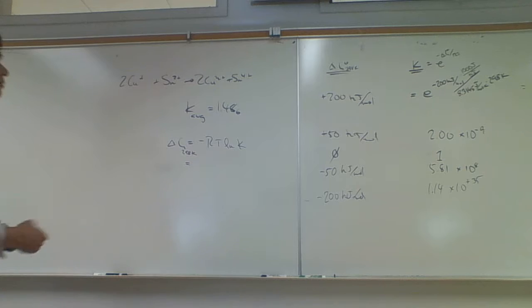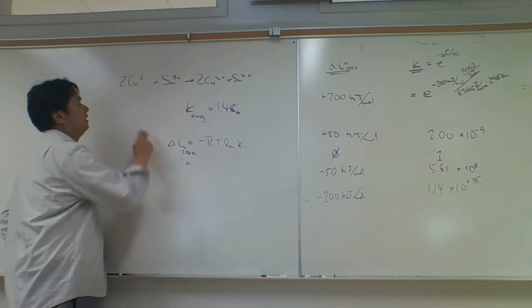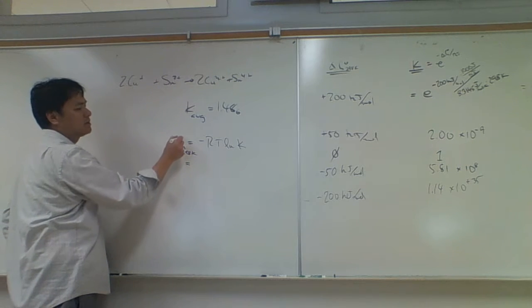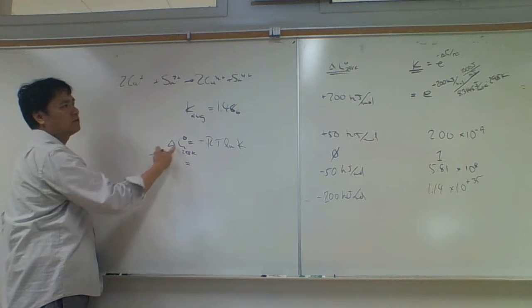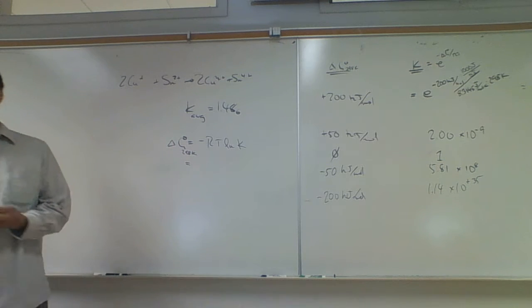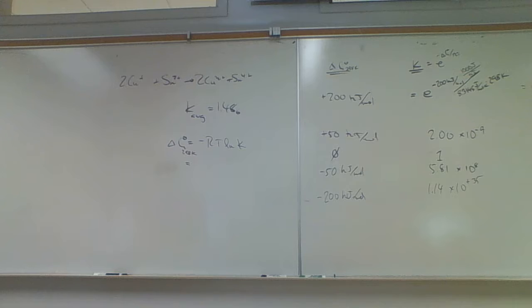Actually, this equation is for standard conditions. Was I at standard conditions for experiment 1? It was 0.100 molar, and the final was like 0.03 whatever. Were those standard? No. Experiment 2, standard conditions?